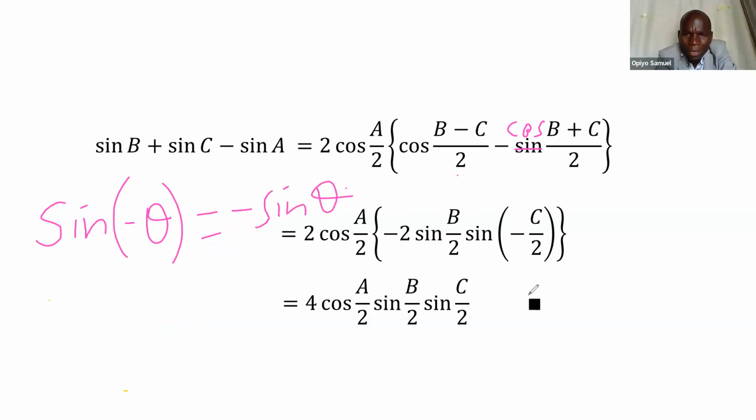So that negative here, when it comes out, neutralizes this negative before the 2 inside the bracket. So 2 times 2, we get 4. Then all these are products, you just put them together and it brings you the result as required.